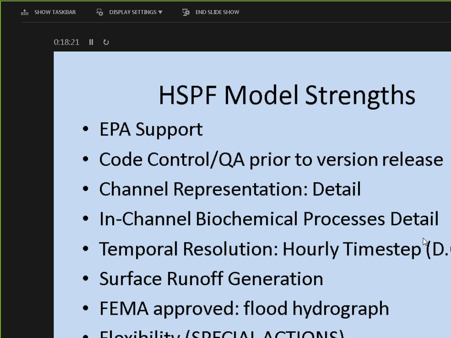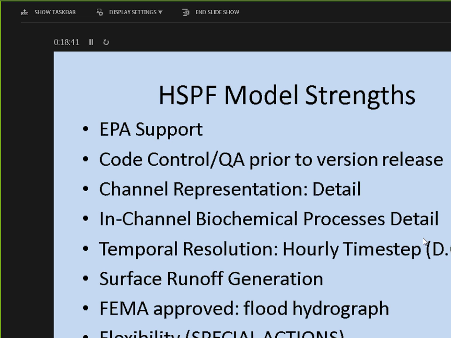HSPF is extremely flexible. You can basically do just about anything you could think of in the base package. But if there was really something you wanted to do that's not in the base package, you can write your own subroutine. They call it special actions.